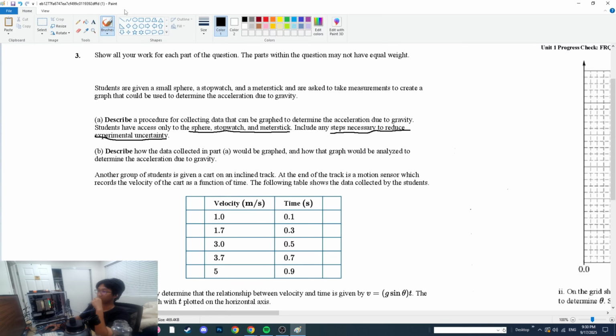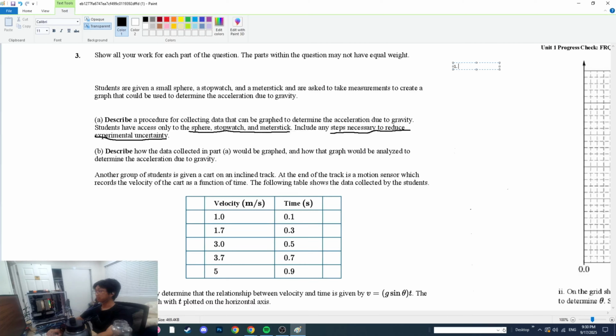So, we would start off our experiment by putting the meter stick in a spot that won't let it move so we can get consistent readings. Our second step would be to drop the ball from a height of 100 centimeters.